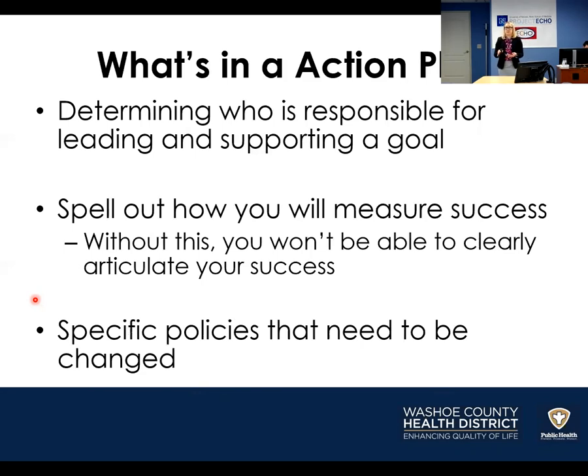You also want to spell out how you're going to measure success. Without this, you will not be able to clearly articulate your success, and being able to articulate success is not only going to be important for continuing to engage your stakeholders, but also for continuing that momentum when you pursue that next CHIP, when your initial CHIP is over and you're ready to start the process over again.